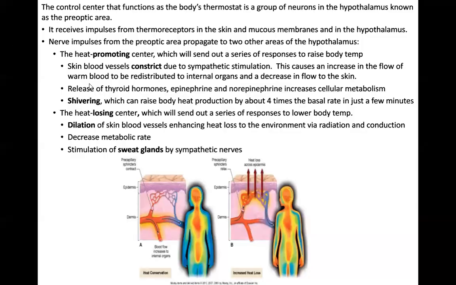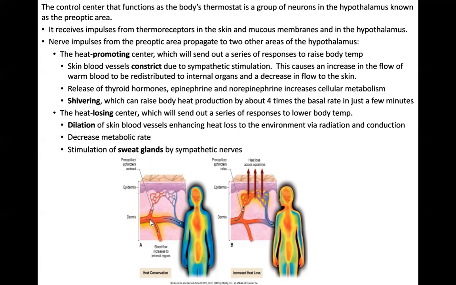So these are non-shivering ways of increasing body temperature. There's also, we talked a little bit about this before, what we do in our skin. We decrease the flow of blood to our skin by way of constricting blood vessels in our skin. This is a sympathetic response.